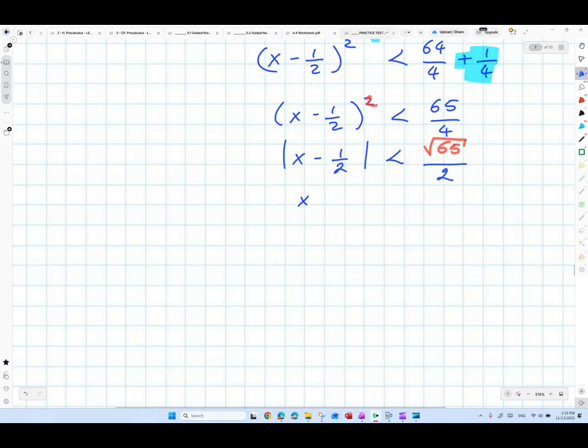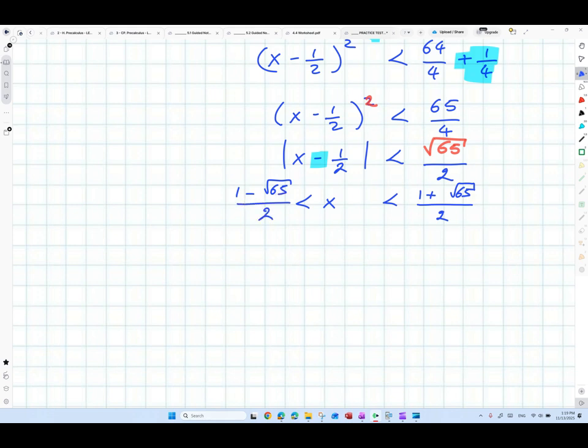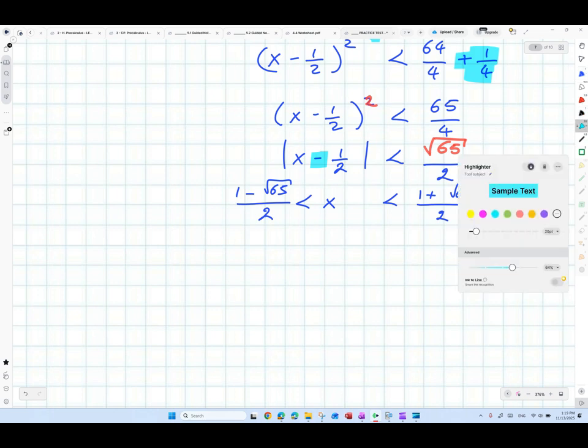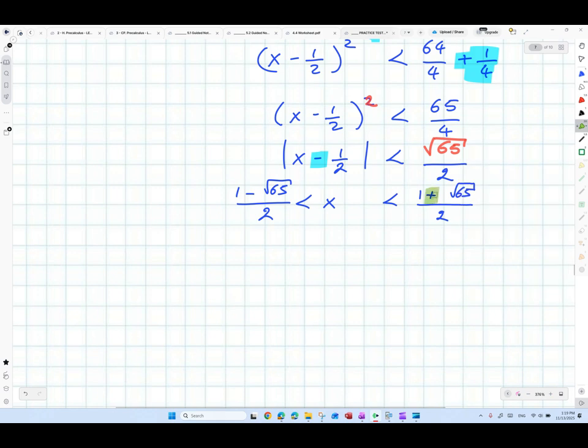So you will have, let me do that all at once, x less than, so this subtraction is going to become an addition, 1 plus square root of 65 over 2, but greater than 1 minus square root of 65 over 2. So you do have a plus or minus, but you need to lay this out in a compound inequality.